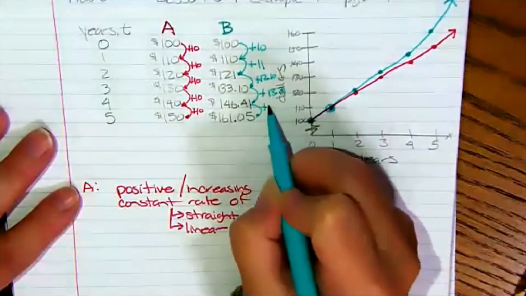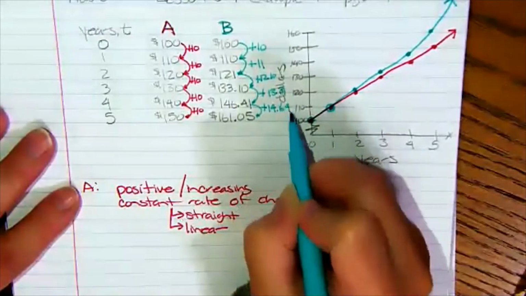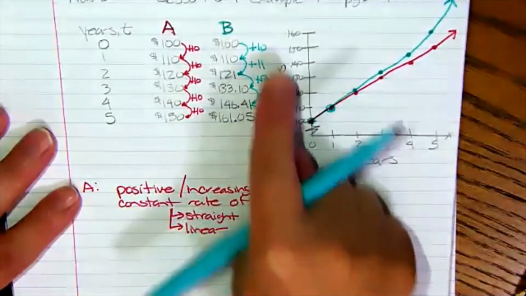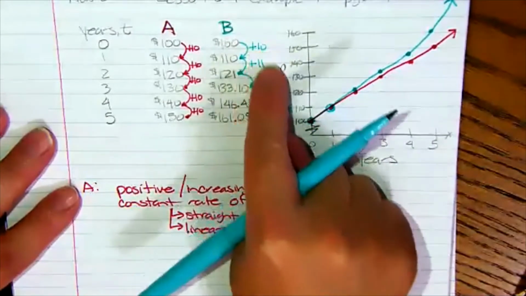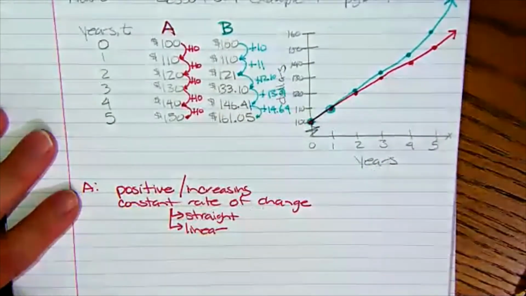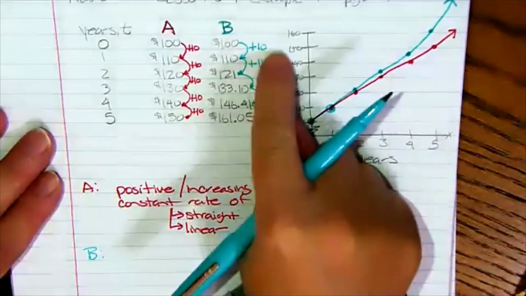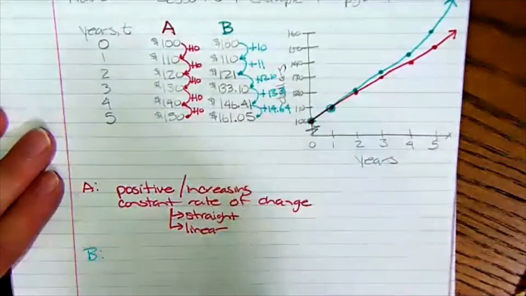Plus $14.64. There is a pattern here, but it is not a constant rate of change. It's not constant. My rate of change varies.